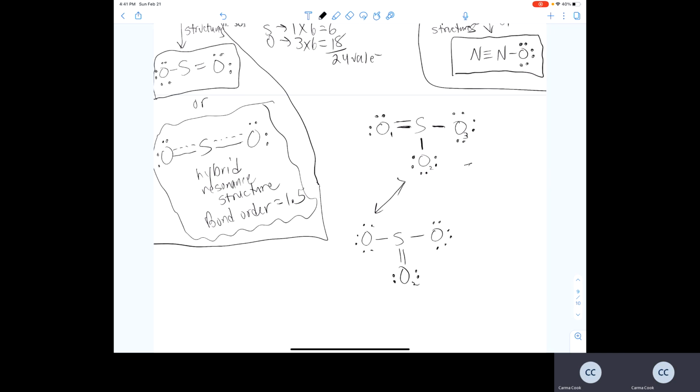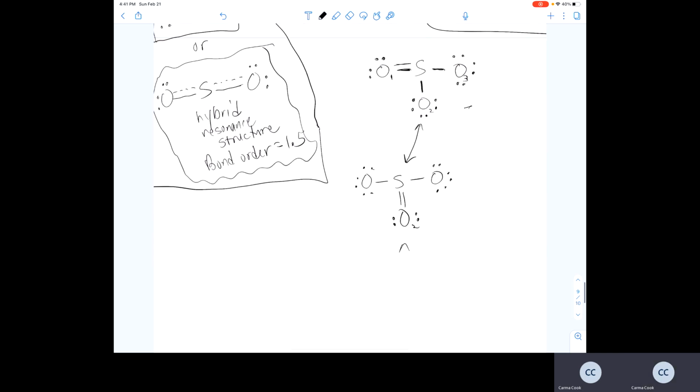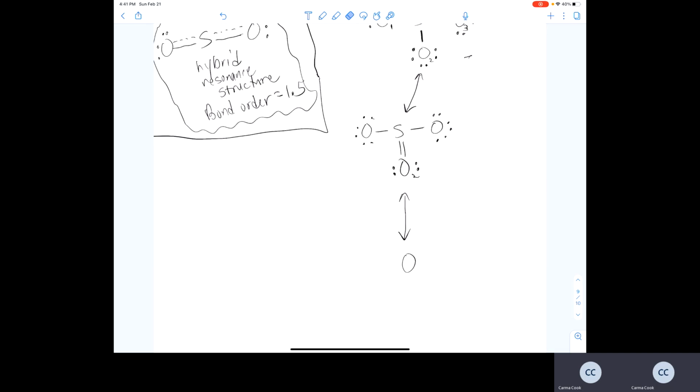Or we could have taken the electrons from oxygen number 3, and therefore draw another resonant structure with the double bond between the sulfur and oxygen 3.